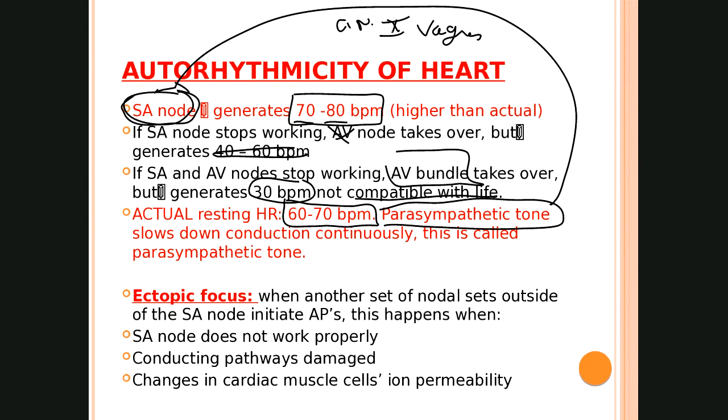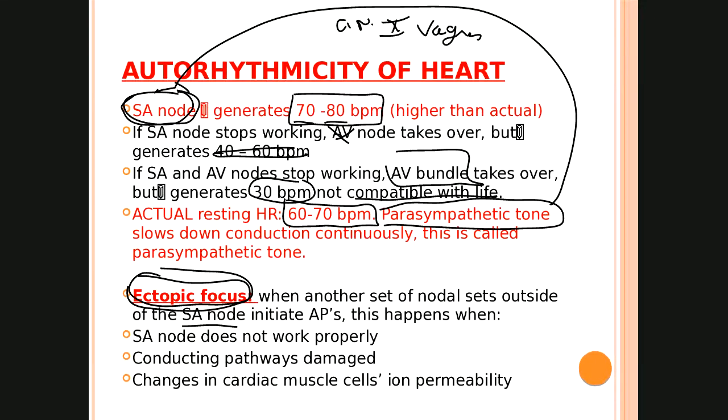Typically nowadays, if the SA node stops working or doesn't work properly, we give the person an artificial pacemaker that will continue to set the pace of the heart. However, it is important to know that any of the nodal cells could try to take over. When they do, they produce what's called an ectopic focus, which is an abnormal condition in which you have AV nodes or other nodes trying to initiate action potentials.